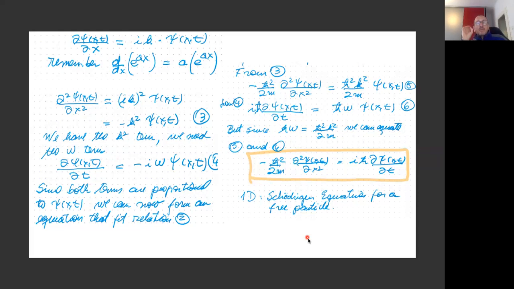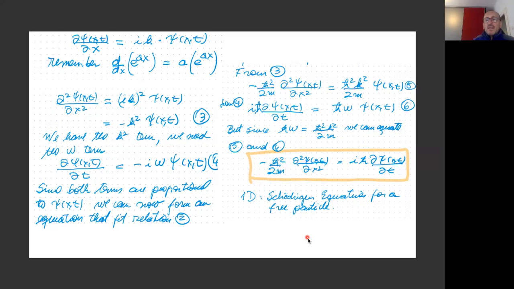Even if you don't believe it, you can look at this and say, okay, let's see how it works. What is the capability of making predictions of this equation? This equation has the most precise predictions of any other equation on Earth, essentially. So it does not only work, it works very well.